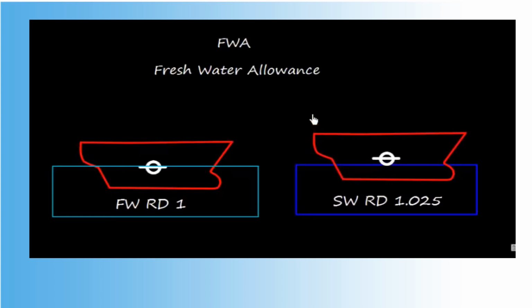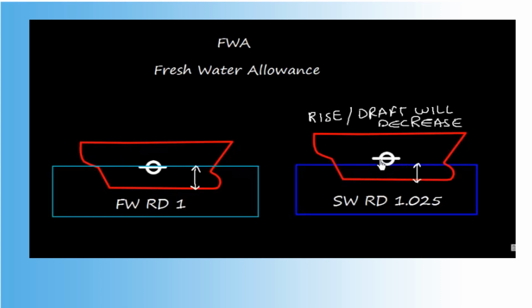Let me mark here. So here the vessel will rise, or simply the draft will decrease. Let me mark the draft. This portion is the draft. Here the draft is decreased.